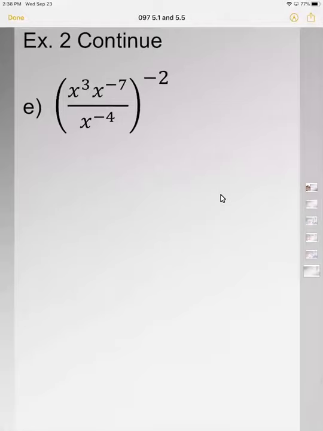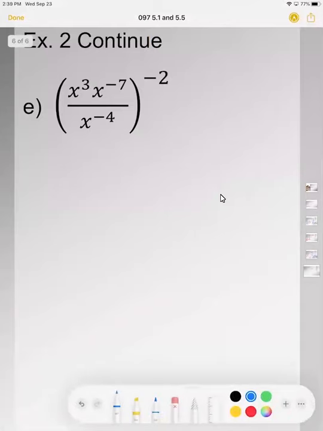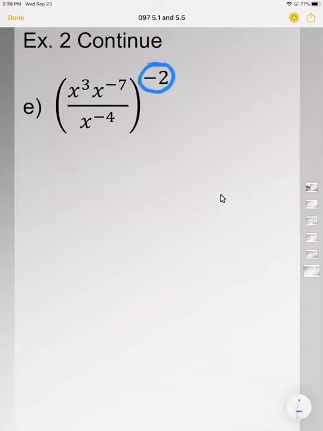So for me, same thing. If you look at this item, the difference between this problem versus the other one is that we have a big parenthesis, meaning the parenthesis includes every item we have. If there is a parenthesis, I want to take this exponent and distribute it to every single item I have, because of this big parenthesis, I have to distribute it to the numerator and the denominator.